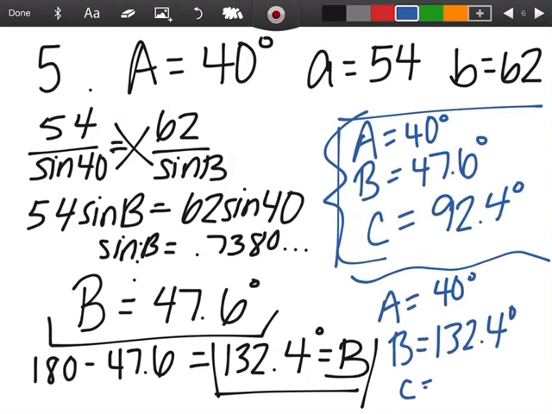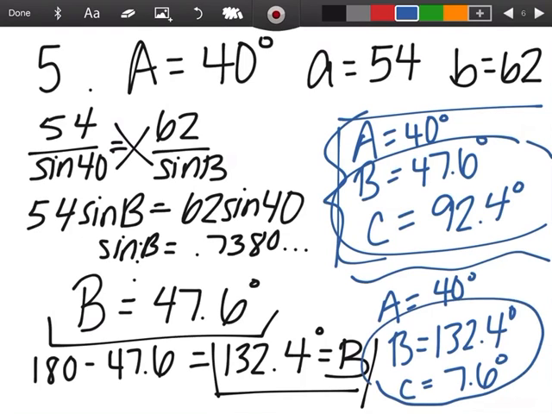And then if B is 132.4, then 180 minus 40 minus 132.4 is 7.6. So it's a very small angle, but it is still an angle. So I've actually got 2 different possible triangles to solve. So it could be that B is 47.6 and C is 92.4, or it could be that B is 132.4 and C is 7.6.